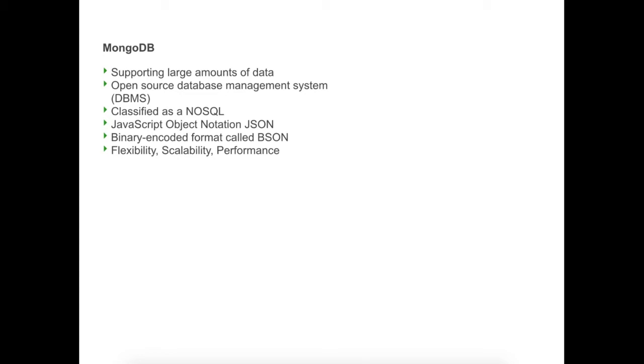It provides the embedding of documents. It avoids the concept of joins, which is a complicated matter when working within a relational database, and it provides us the ability to index data.